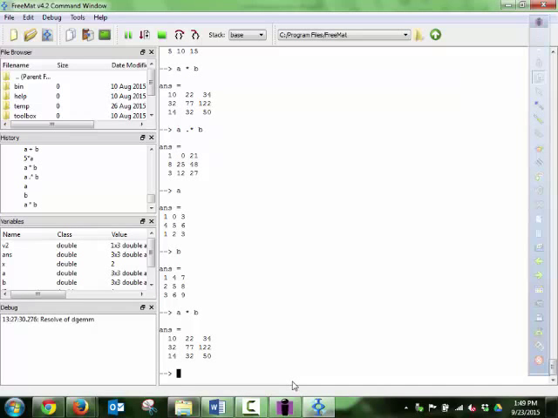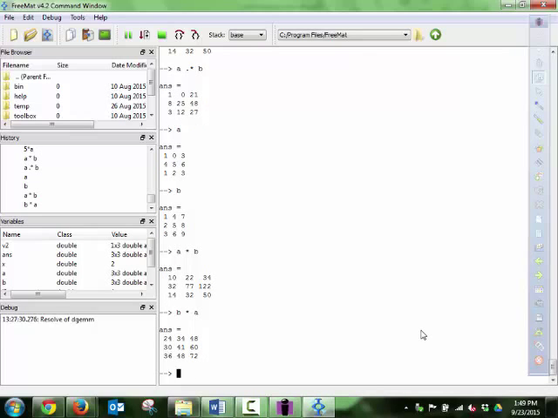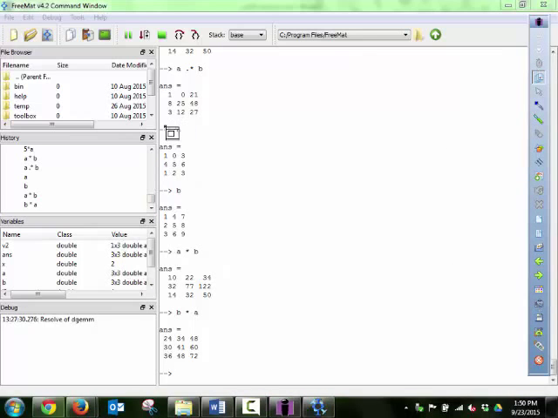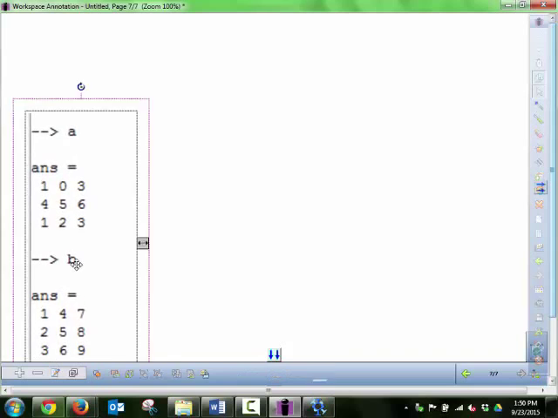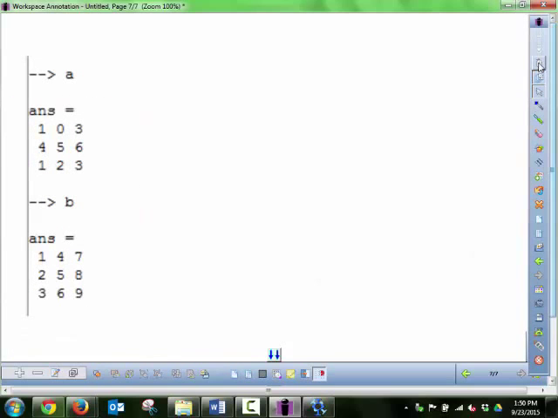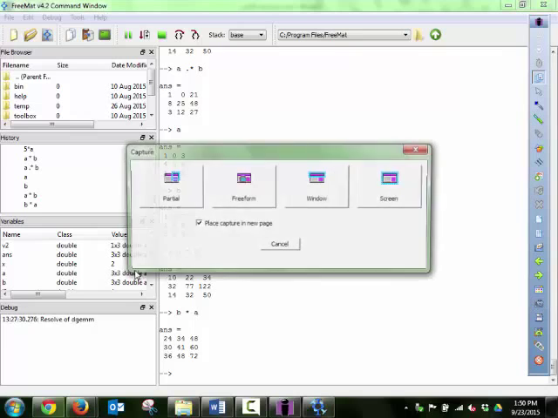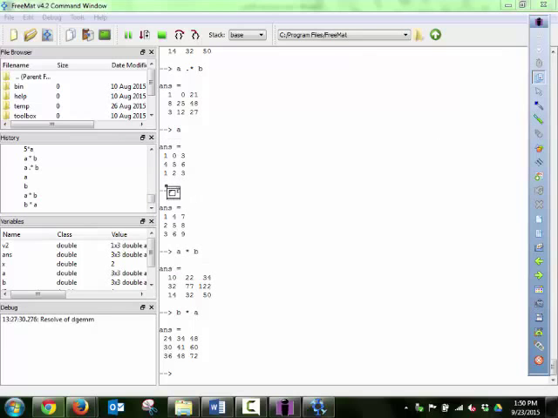So we have A times B equaling one matrix, but if we multiply B times A, it turns out that we're going to get two different matrices that are not equal to each other. So I think this is important to note. So we'll copy A and B again, and then we'll copy the results of A times B and B times A.